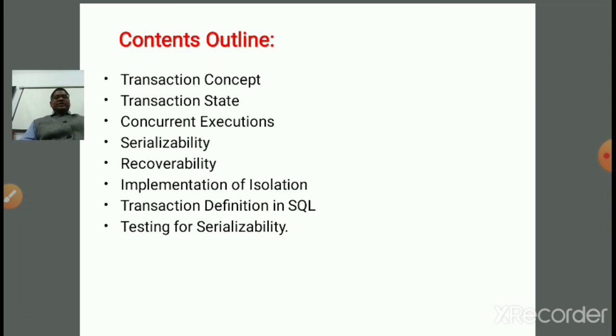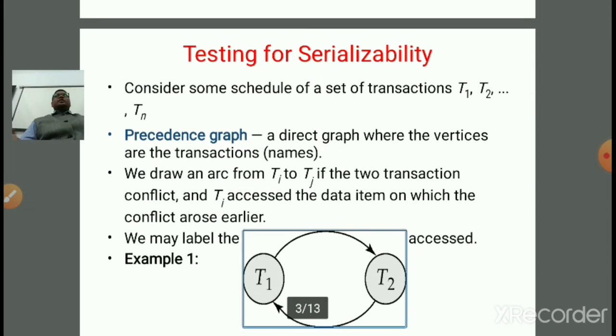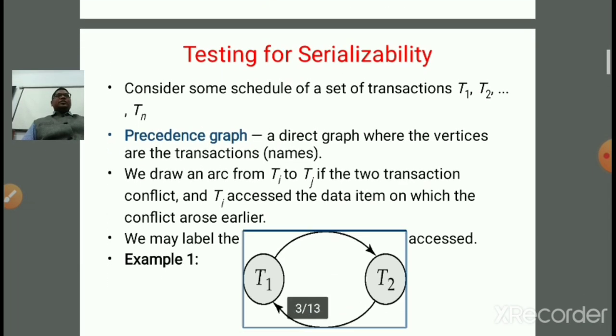Now in today's lecture, we will be discussing how to test the serializability concept, to make clear whether a schedule is view serializable or conflict serializable, yes or no. In order to decide this, we have a concept called the precedence graph. So today we are discussing testing of serializability.